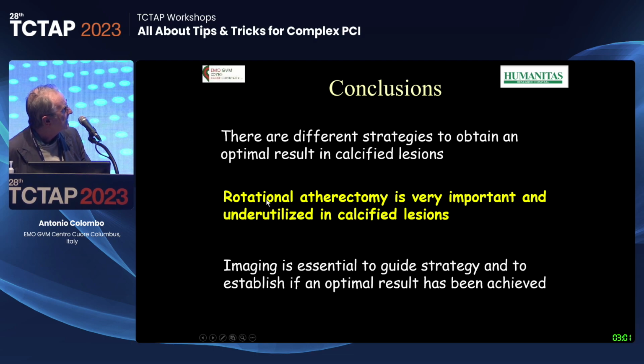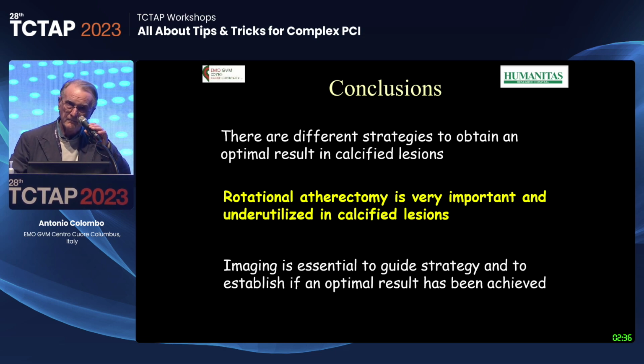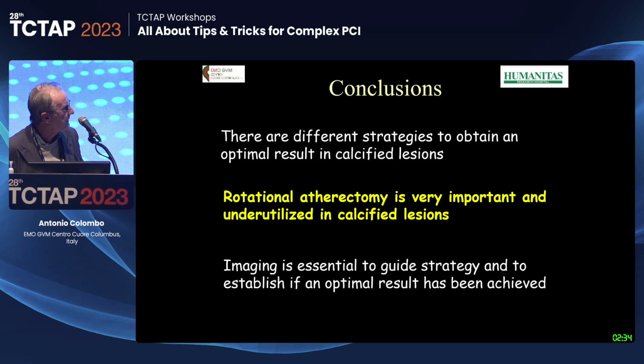But to me, one important statement is that rotational atherectomy is very important and underutilized in calcified lesions. So we have to follow what George showed, the Mount Sinai approach, that rotational atherectomy should be used more frequently. Doesn't mean that it's the only device, but it's an important device to be used more frequently. Thank you for your attention.